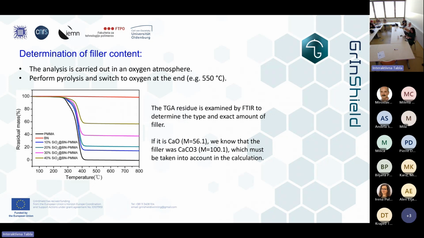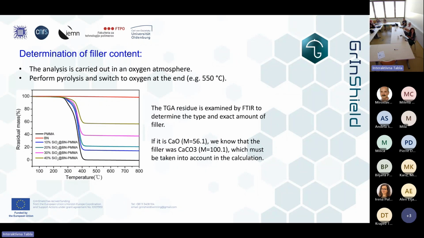After this TGA analysis, we get some powder in our crucible, and a good thing to do is to measure FTIR to see what this filler is. Sometimes we see it is calcium oxide.